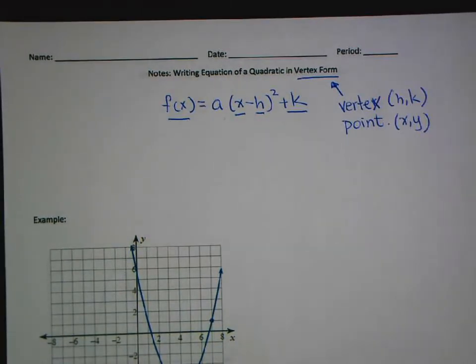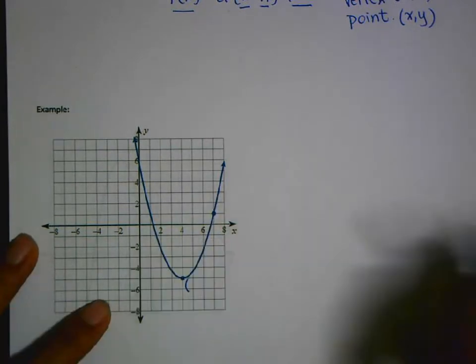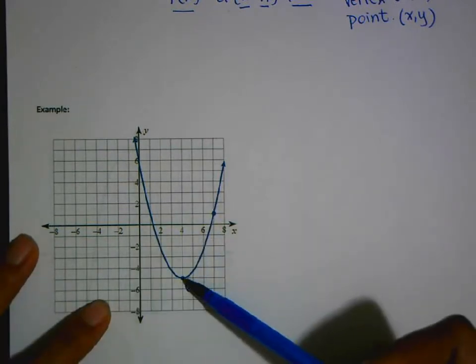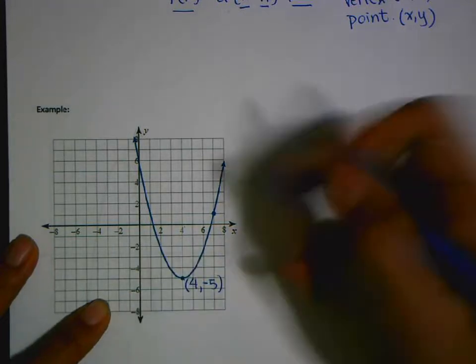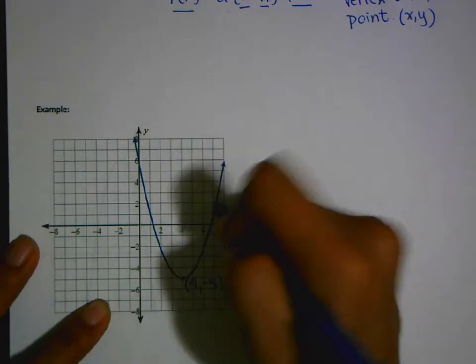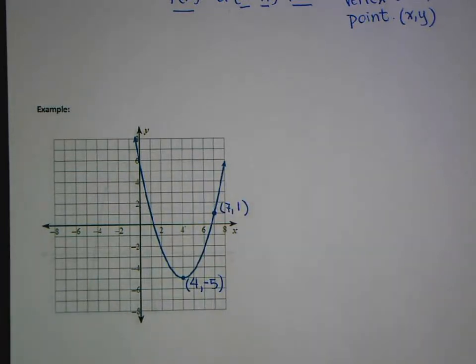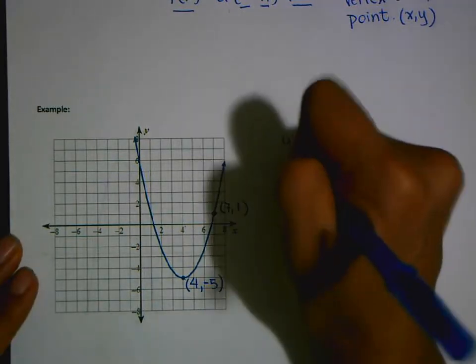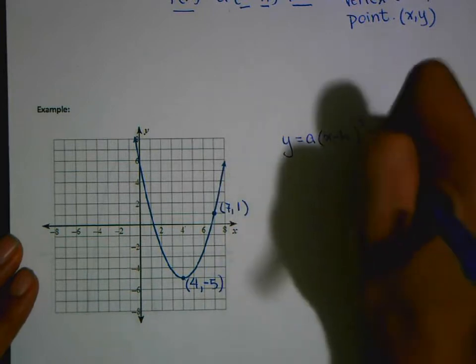Okay, let's take a look at our graph. Here's my graph. I know that my vertex is right here because it's the lowest point of the graph, and it's at 4, negative 5. And I know that my point is right here at 7, 1. Okay, so I have a vertex, I have a point. That means I'm going to use this equation: y equals a times (x minus h) squared plus k.